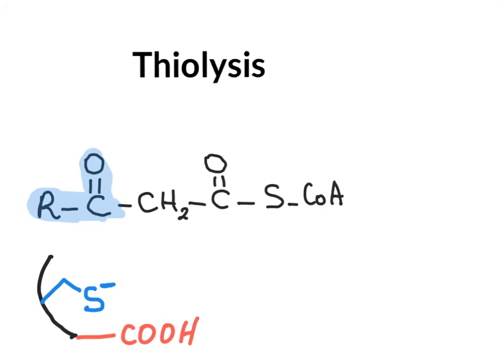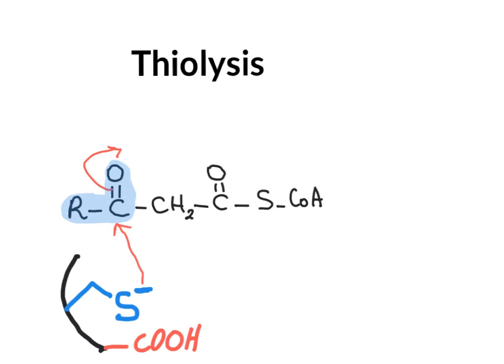The sulfide formed from the thiol group of cysteine will add to the beta-keto group of the substrate acyl coenzyme A. Upon this addition, we will form a tetrahedral intermediate.